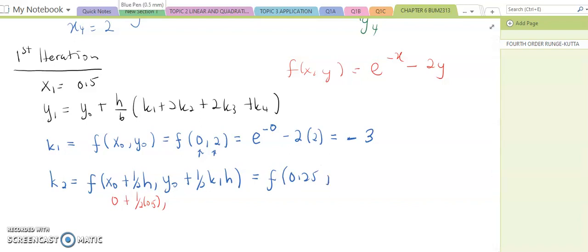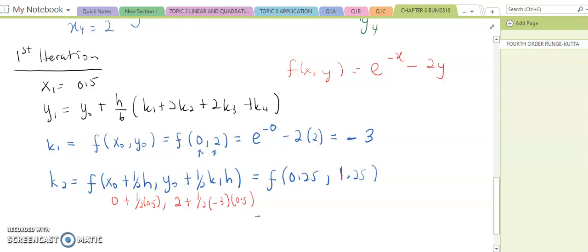For the y value, y0 is 2 plus half k1, where k1 is negative 3 and h is 0.5. So 2 plus half times negative 3 times 0.5 is 1.25. Okay, so the k2 value is just f of 0.25 and 1.25.